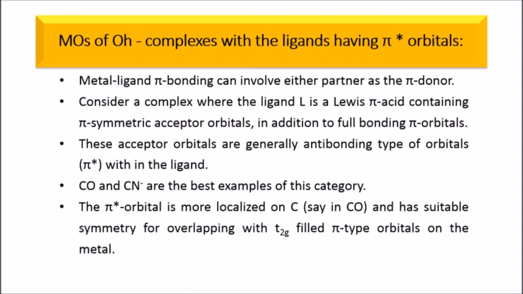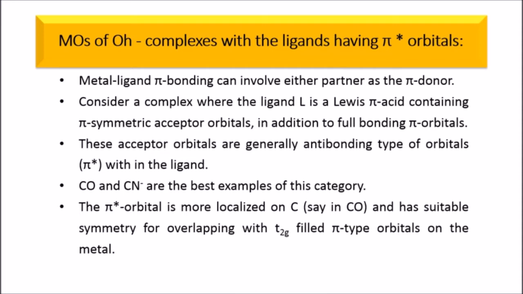It is a little shifted towards carbon and has a suitable symmetry for overlapping with the t2g filled pi orbitals of the metal. It means that the metal will have a pi t2g filled orbital from which it will donate electrons and act as a Lewis base.